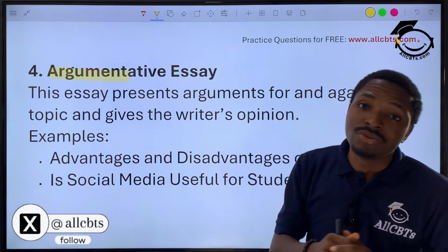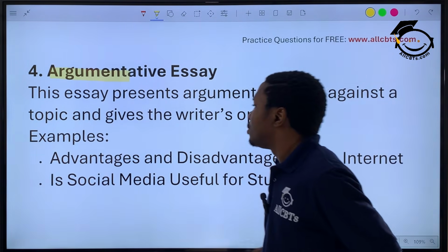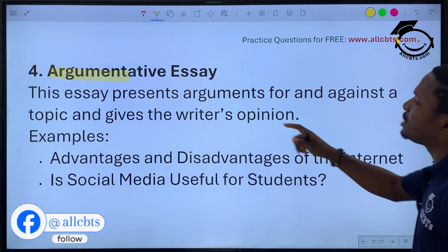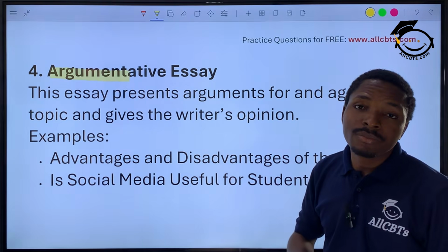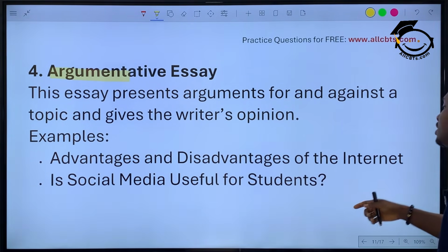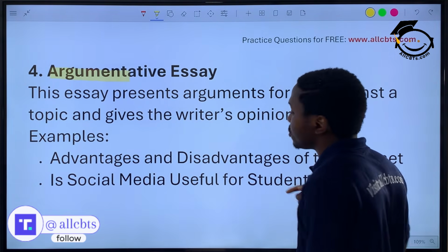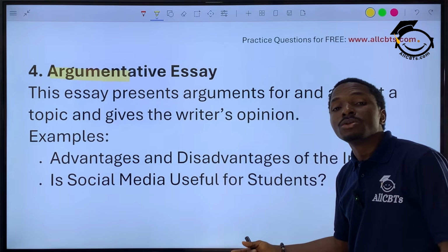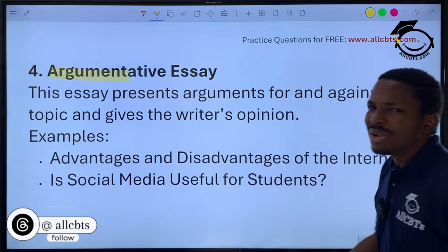Those ones that you did in primary 1 to 2 classes. Right. So, this essay presents an argument for and against a motion. So you put for or against a motion. Example, advantages and disadvantages of internet. Is social media useful for students? Some persons will support it and some persons will oppose it.